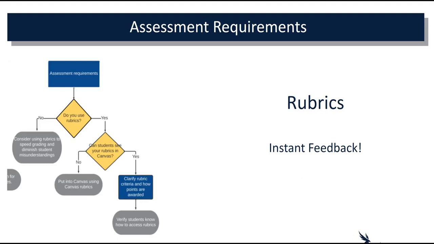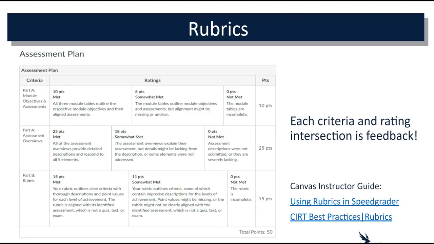Rubrics are essentially providing students instant feedback. So once you create those rubrics and you grade using the rubrics, at least within Canvas SpeedGrader, instantaneous feedback. Who denies that is a time-saving technique?